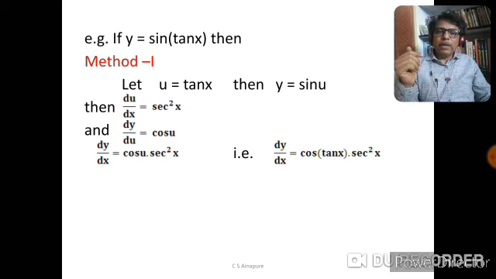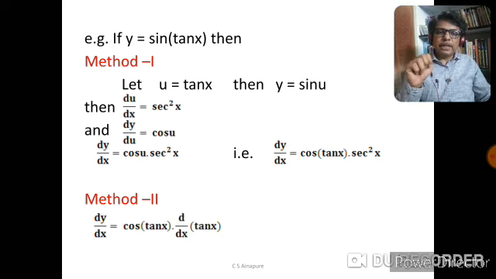Now see what we can do by the second method. Just think for half a minute how we are getting this. As we have discussed, we have to go for the derivative of the outer function, the derivative of sine only, keeping the inner function as it is, and then we have to multiply by the derivative of the inner function only.